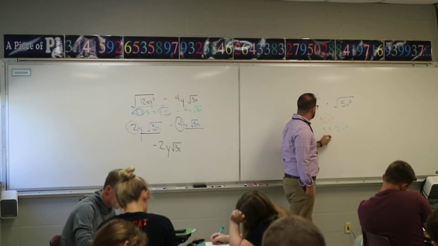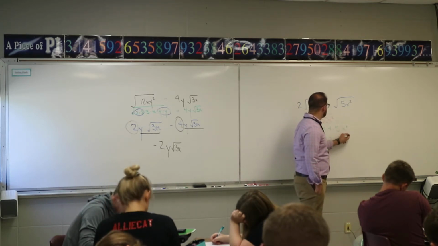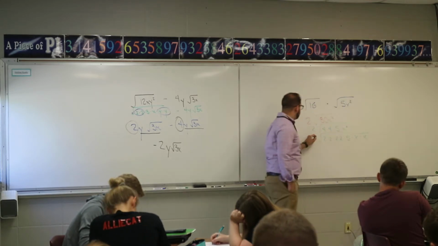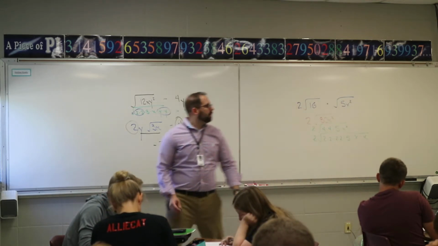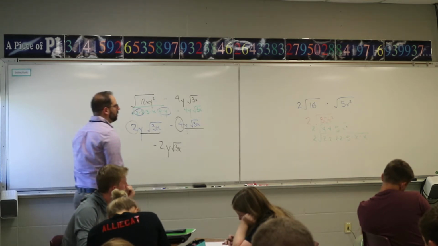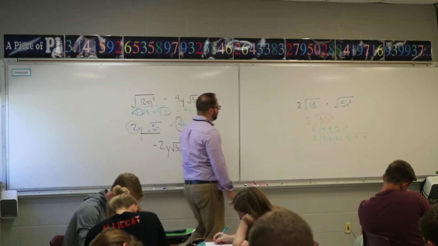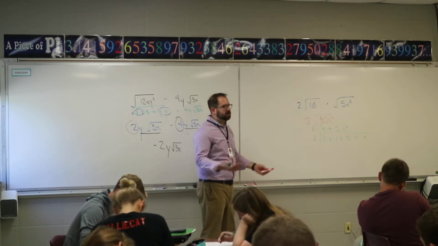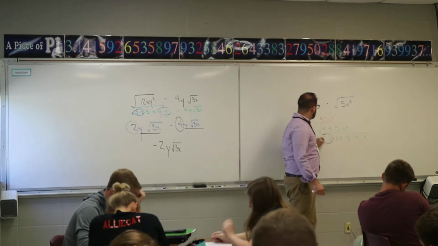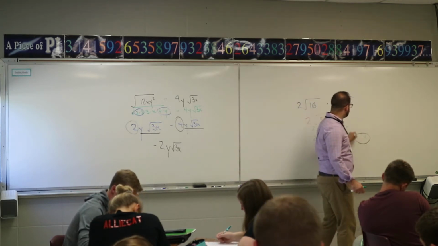which is 2 times 2 times 2 times 2 times 5 times x times x. If I kept going even further, and then I have a bunch of pairs. So I have a pair of 2's, I have another pair of 2's, and I have a pair of x's.